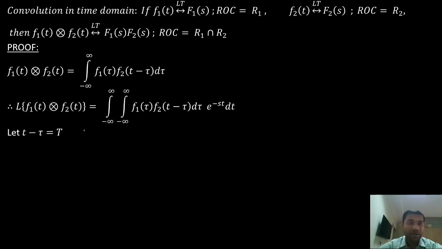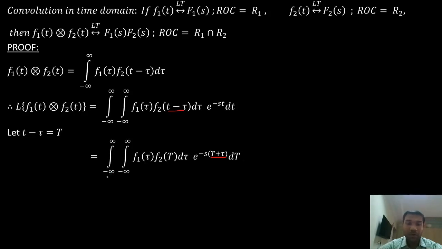Before separating, I am taking a small substitution: T minus tau equals t. So in place of small t, I can write capital T plus tau, and if I differentiate, I get d capital T.